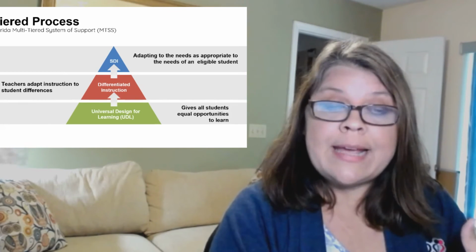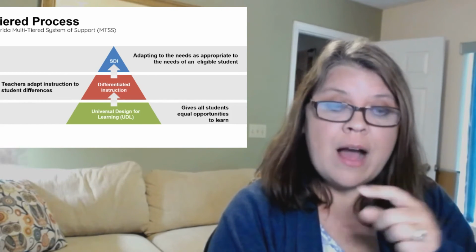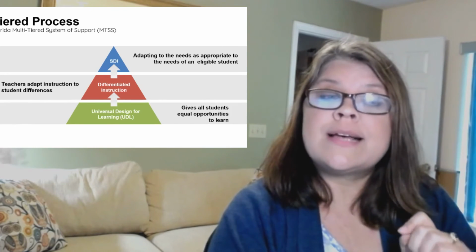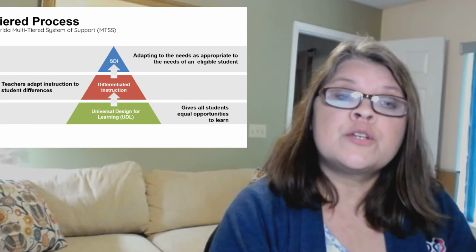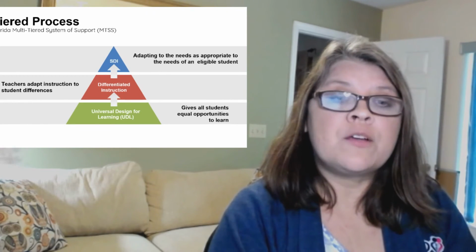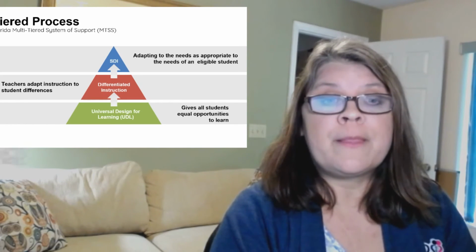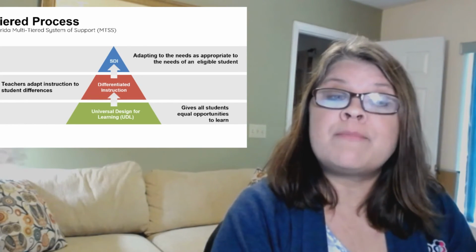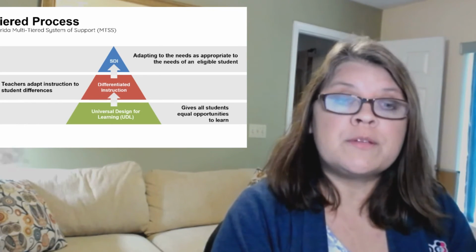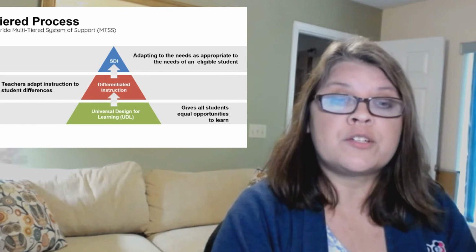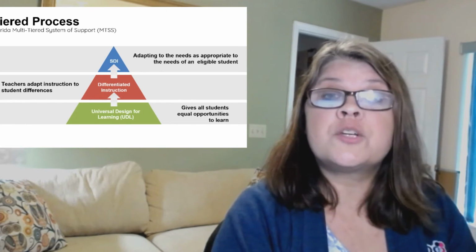Now, Tier 3, the little blue at the top, is SDI, which stands for Specialized Design Intervention. In addition to Tier 1 and 2, students receive Tier 3 interventions and the most intensive supports based on individual need. The difference is individual team-based problem solving, increased time, smaller groups of students, and narrowed focus of instruction, adapted as appropriate to the needs of an eligible student.